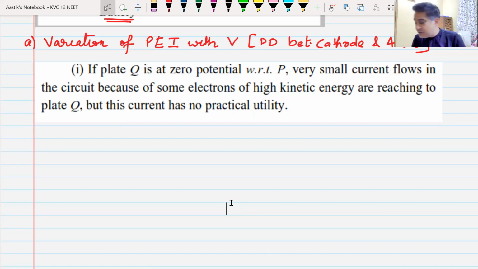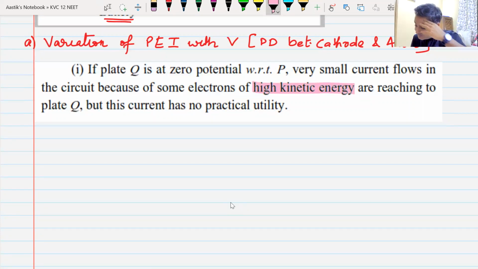If the plate Q is at zero potential with respect to plate P, a very small current flows in the circuit because of some electrons of very high kinetic energy reaching the plate Q. This current has no practical utility, but it exists because of the very high kinetic energy of some of the emitted electrons.